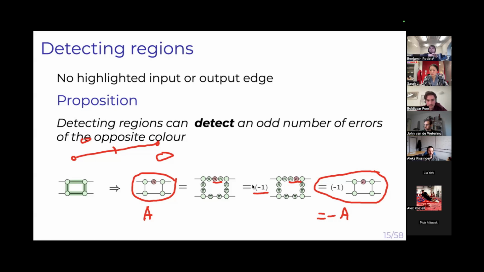But yes, the idea is just about commuting an error spider, a spider corresponding to an error, with the ones that come from the detecting region. Thank you. I do see that this might not be obvious from just this diagram, but if you look at the paper, I think we have a nice explanation there. Okay.